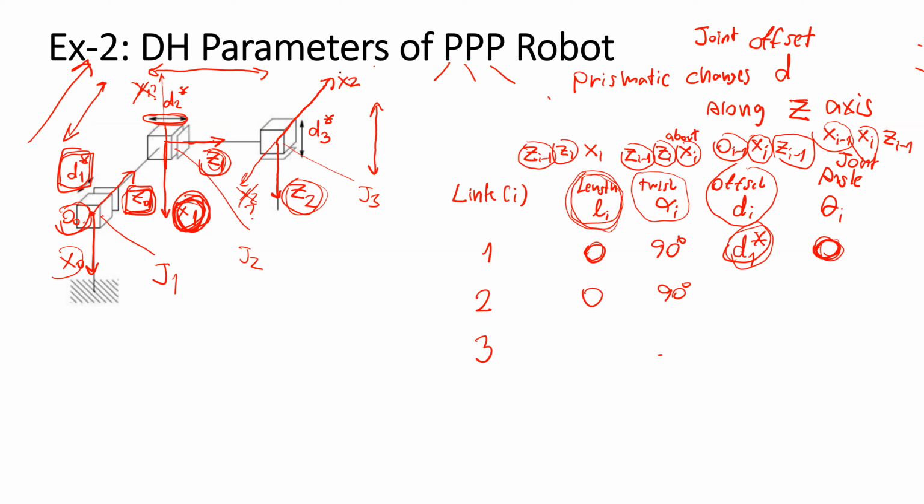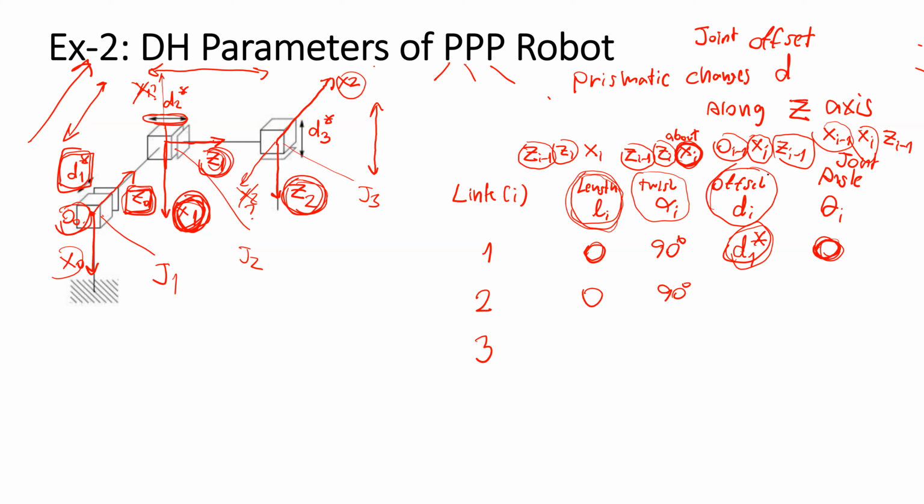So if you select x2 in that direction, the twist will be positive 90 degrees because the twist needs to use the right hand rule about the x2 direction from C1 to C2 about x2, so you get 90 degrees.